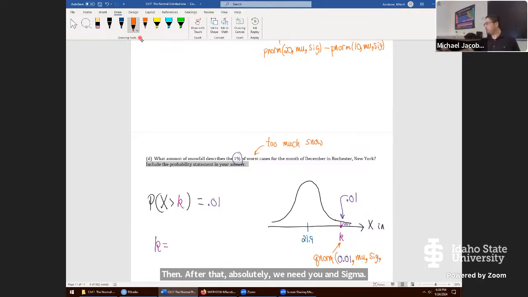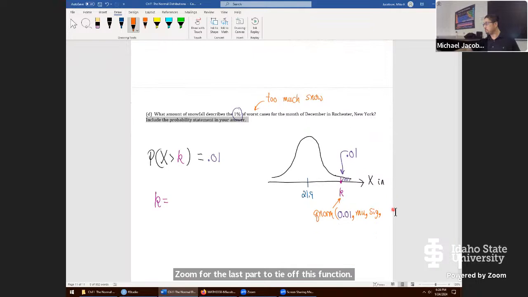But we need even more on this one. Any volunteers over Zoom for the last part to tie off this function? Anyone in class might see it? Good call, absolutely.